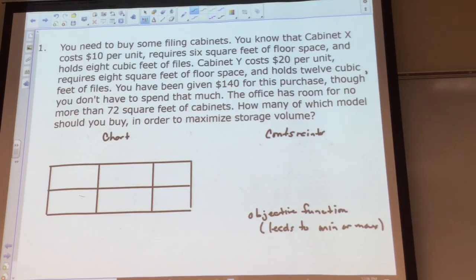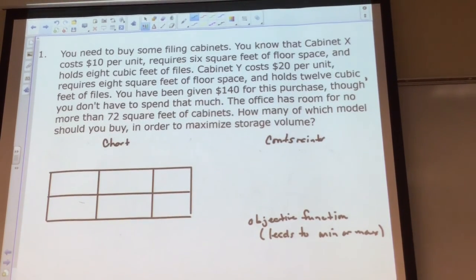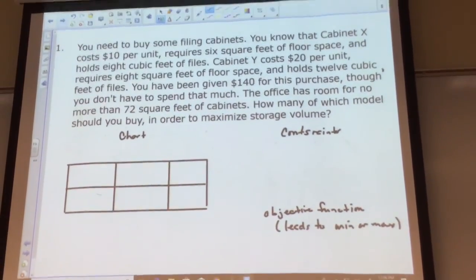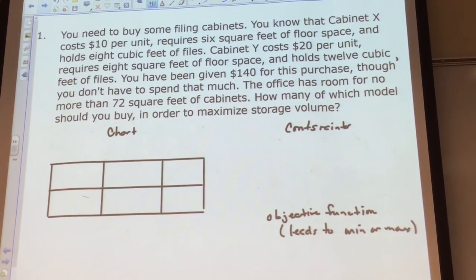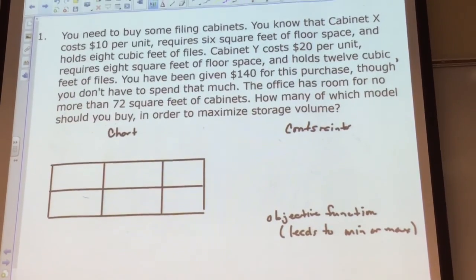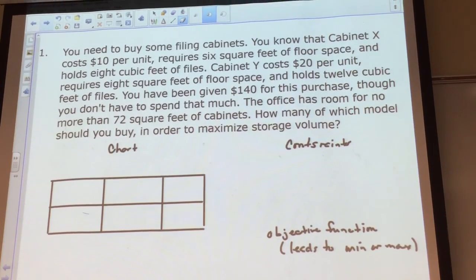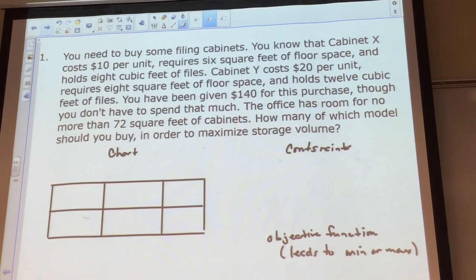Okay, so we have cabinet X that costs money, it occupies space, and it holds files. Cabinet Y costs money, it occupies space, and it holds files. You have money to spend, but you have restraints or constraints on the amount of space that you have.